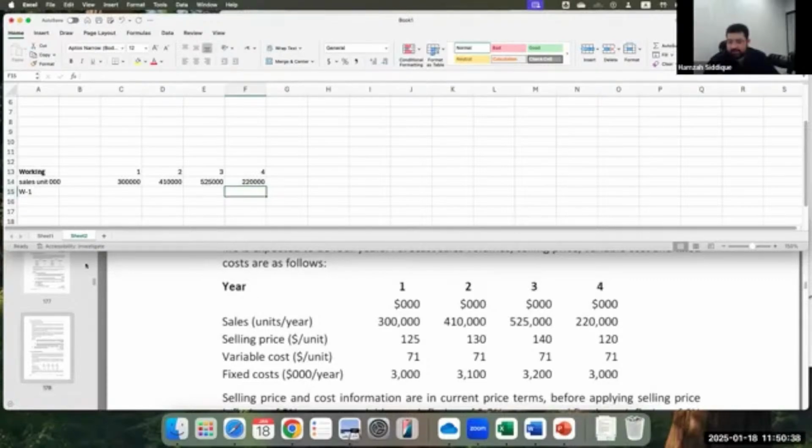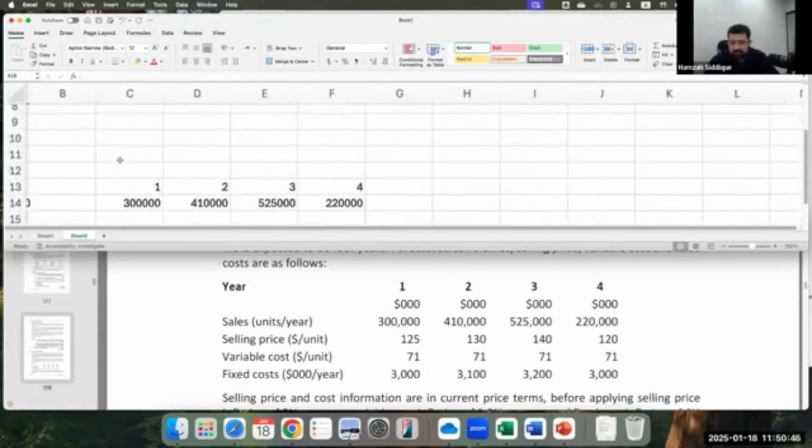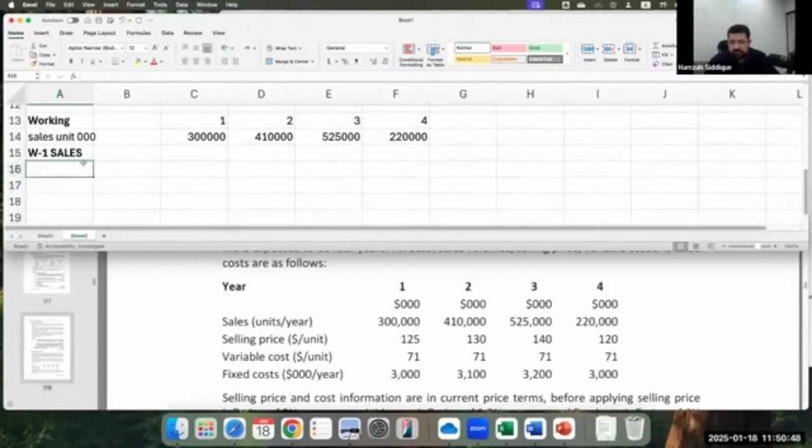Okay, selling price. So Working 1 is sales. We need to calculate sales. Everyone, please focus. Selling price inflated, we need to calculate.